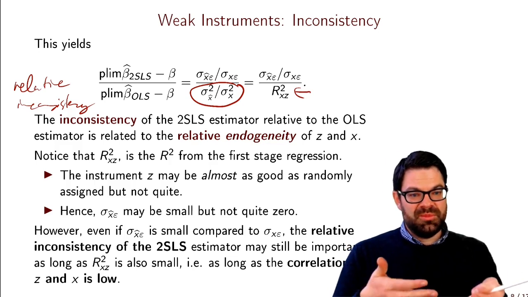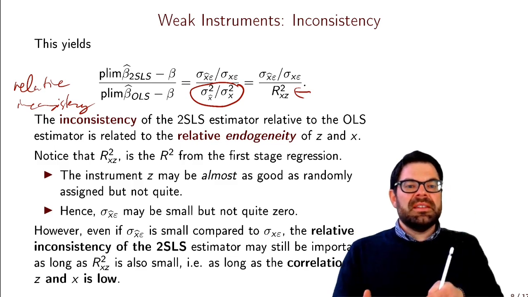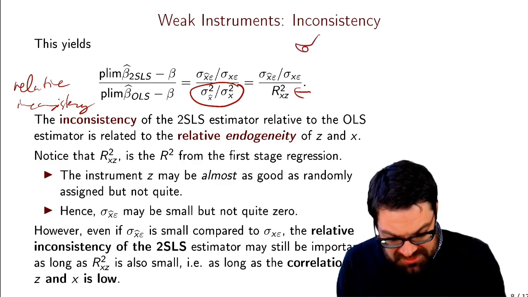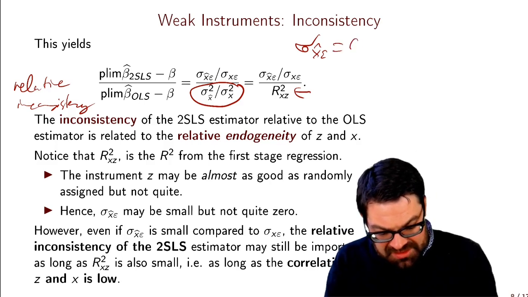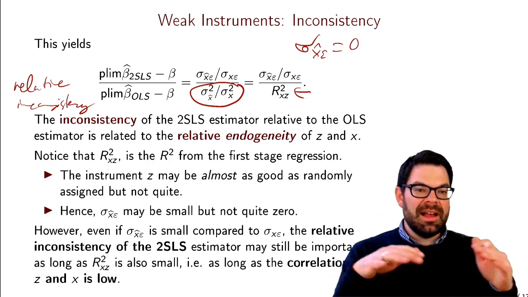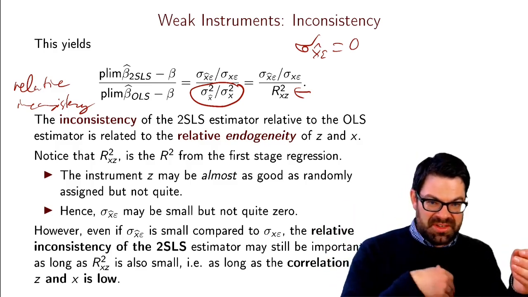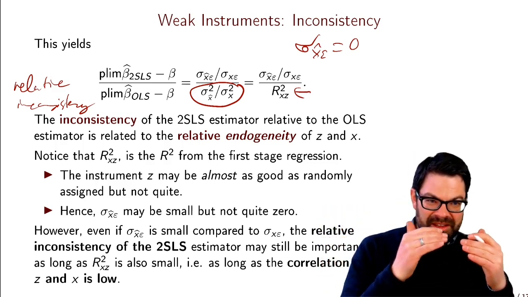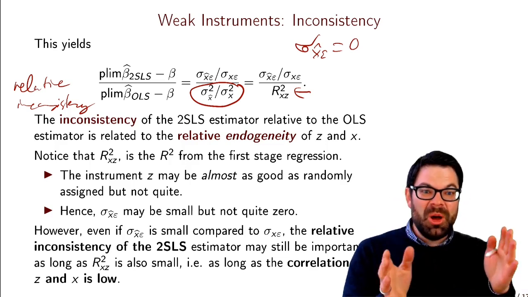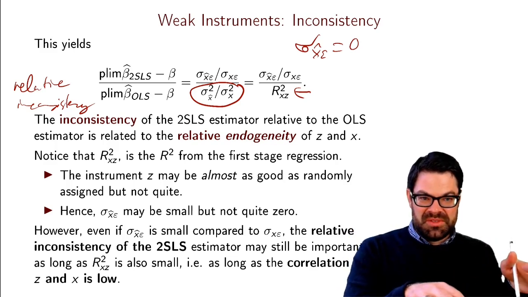And now you can immediately see what's going to happen. If the instrument is 1000% valid, so if this covariance between the error term in the second stage and the predicted regressor is 0, I don't need to worry about the strength of the instrument, and my estimates are consistent.